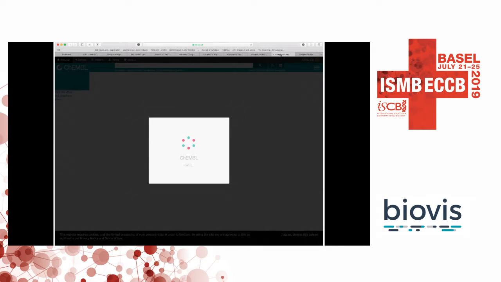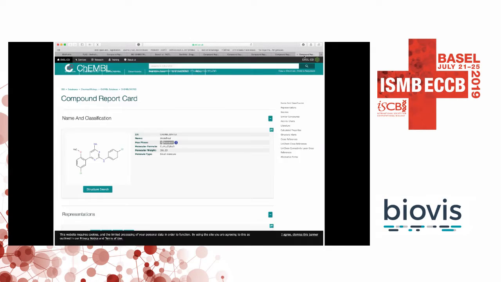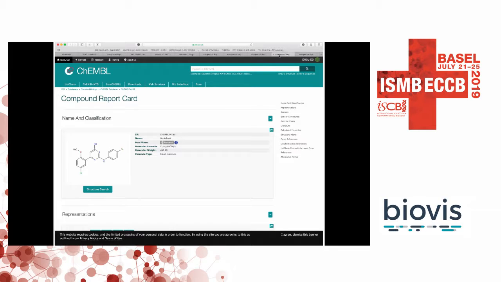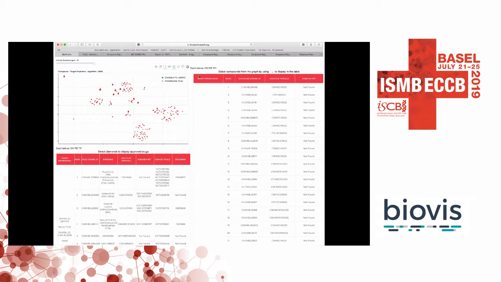So we are able to see that this can be used for drug repurposing. We are able to see that a compound acting on a protein may also cluster with the other protein targets. And the data can be downloaded here, or selected data can be downloaded.